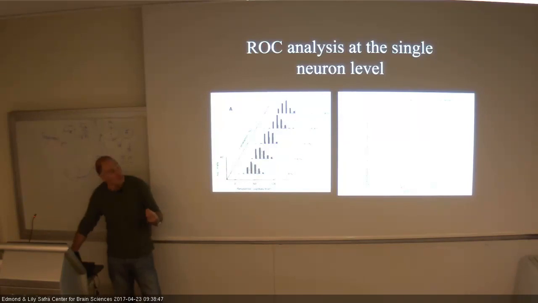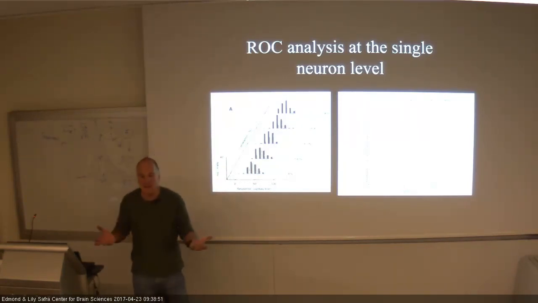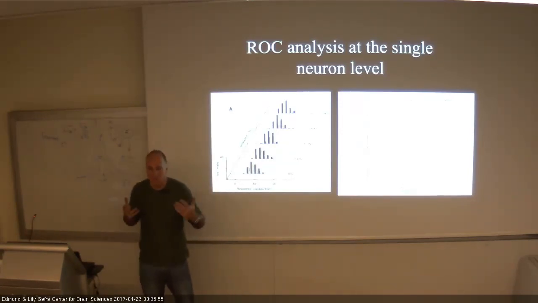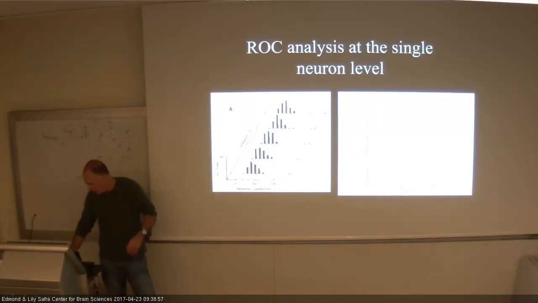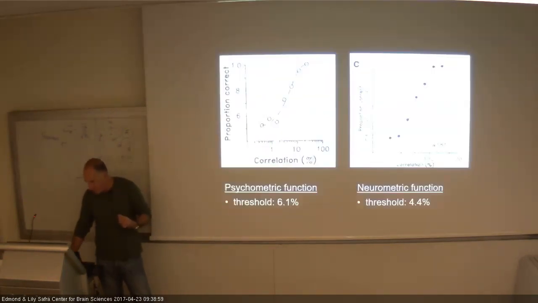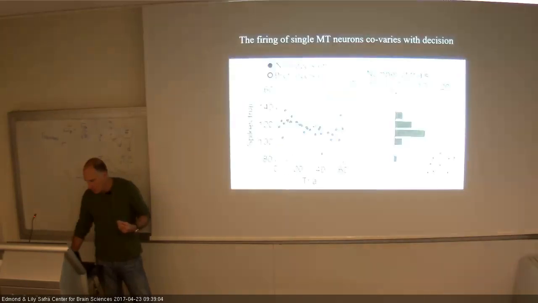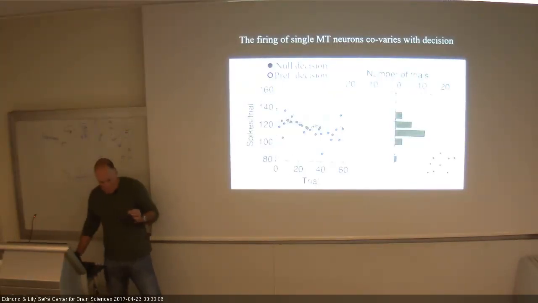One way to understand this mismatch, in the sense that you would think we are able to pool information from many neurons together, is the fact that they may be correlated.